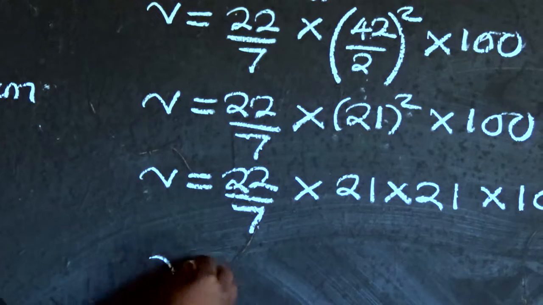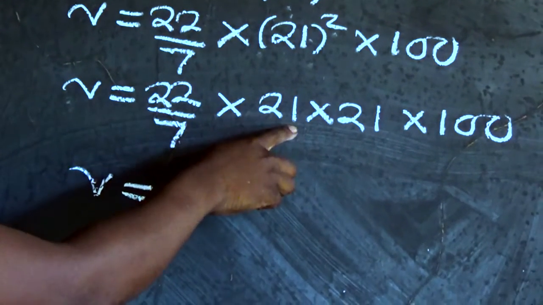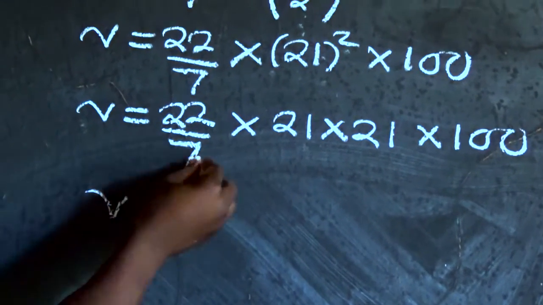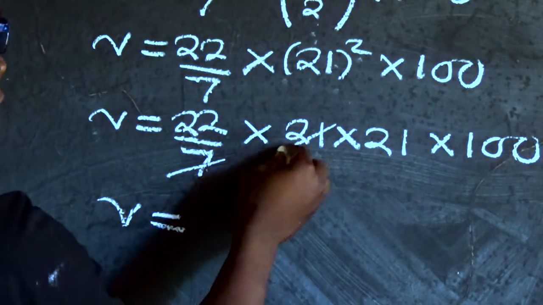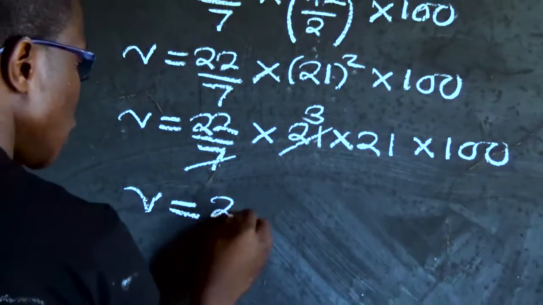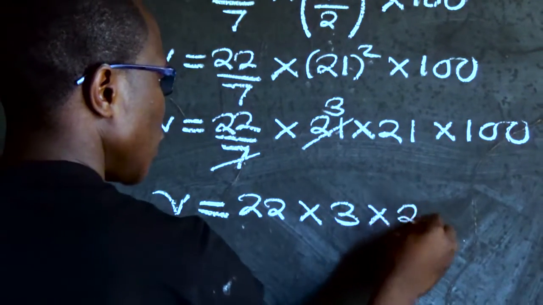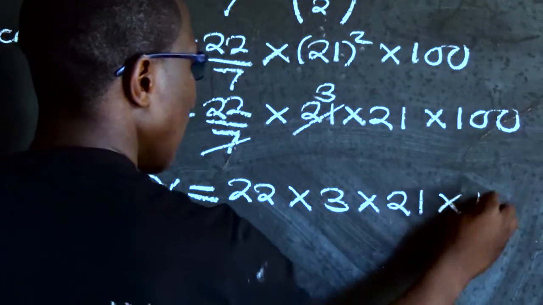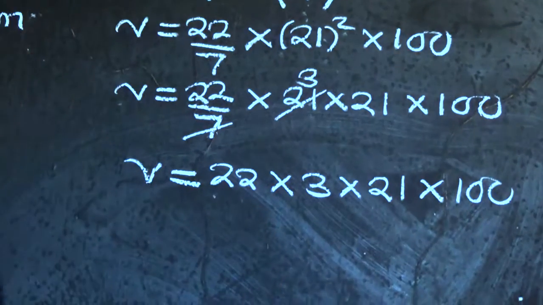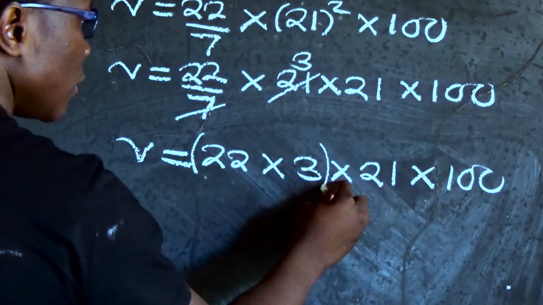Then you say volume is equal to, 7 is a factor of 21, meaning 7 can go into 21, right? Yes. 7 into 21 is 3. Okay? So we have 22 times 3 times 21 times 100. Are we together? So we can multiply this one by this one.